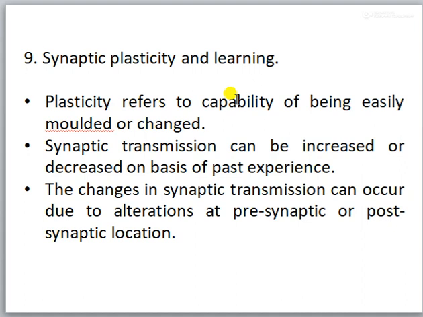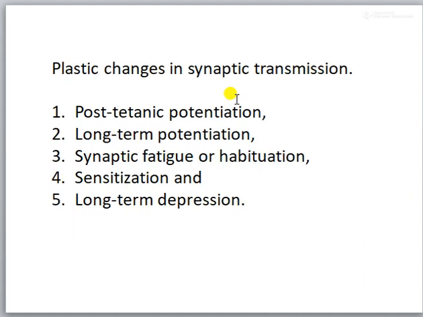The change in synaptic transmission can occur due to alteration at a presynaptic or postsynaptic location. The plastic changes that occur are post-tetanic potentiation, long-term potentiation, synaptic fatigue, sensitization, and long-term depression. These are the various plastic changes that occur in synaptic transmission.